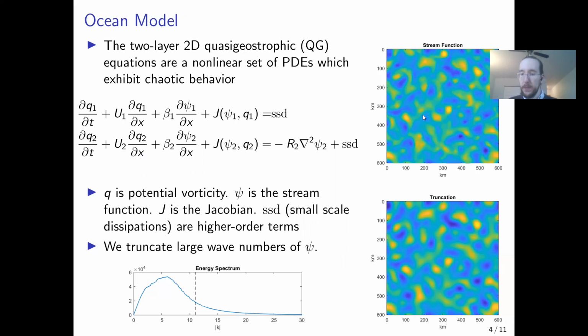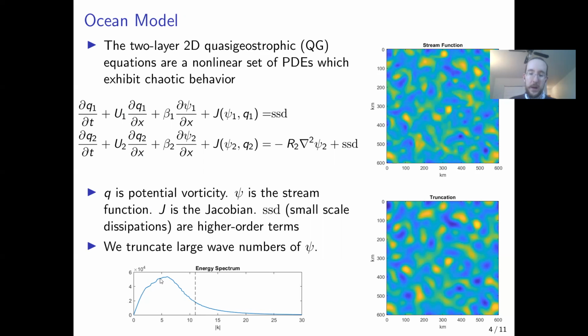Here we can see a plot of the stream function. If we take the Fourier transform and plot the energy spectrum, we see most of the energy is contained in the lower wave numbers. So what we can do is truncate the wave numbers, only taking wave numbers with a magnitude less than or equal to 11 in this particular example.